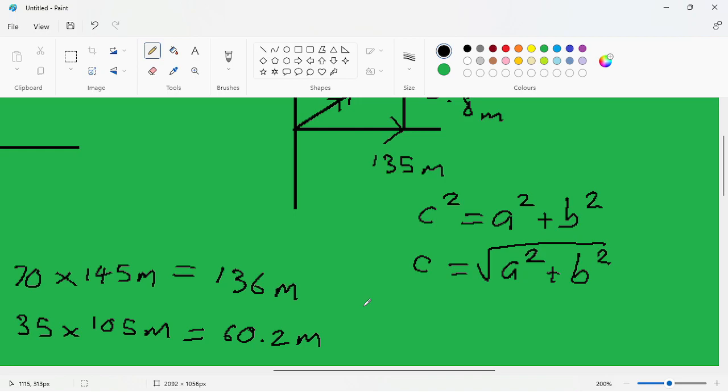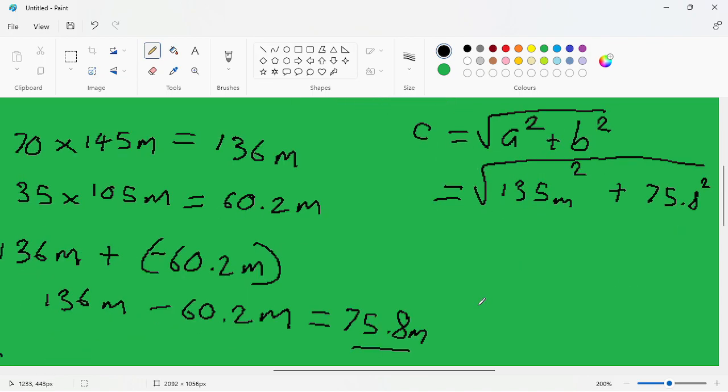So all we have to do to find C is find the square of A, which I can say is 135, and then the square of B, which is 75.8, and then add those two together, and then find the square root of all of that.